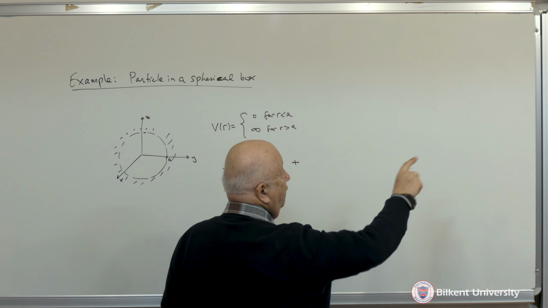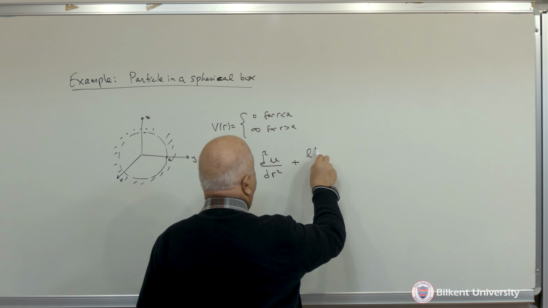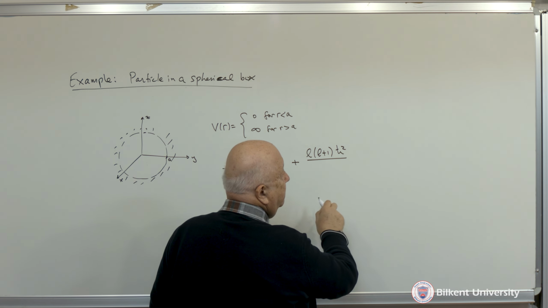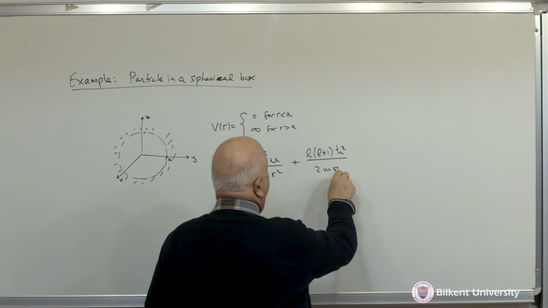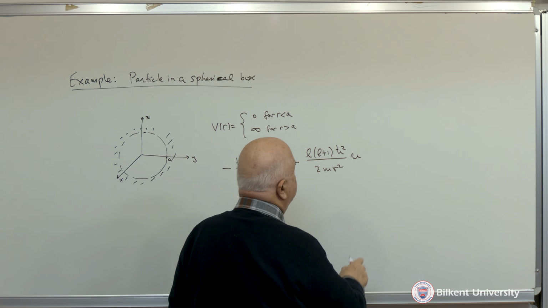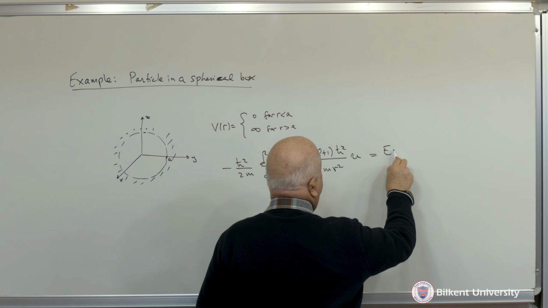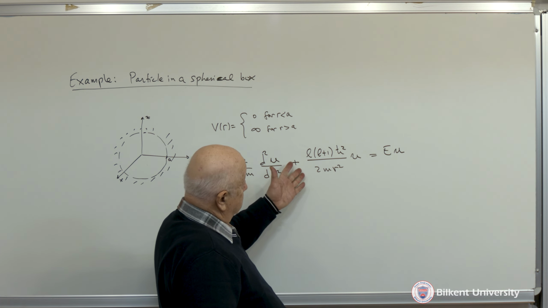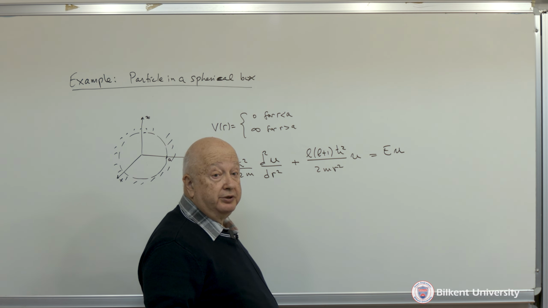So V of r is 0, but I have L(L+1) h bar squared divided by 2m r squared u, is equal to E u. All right, so we need to solve this problem.